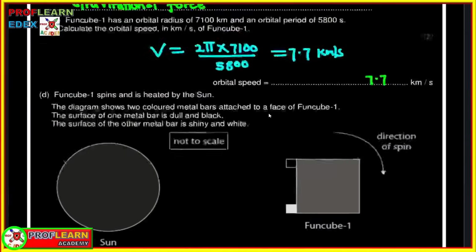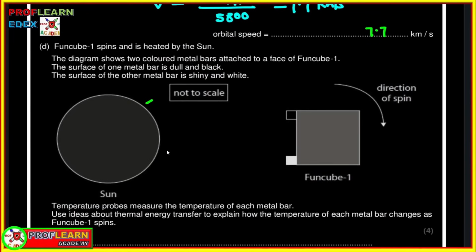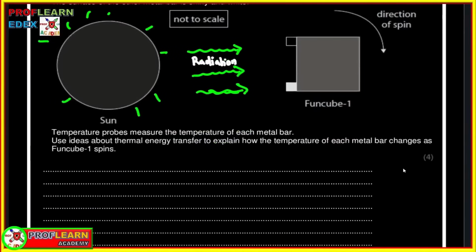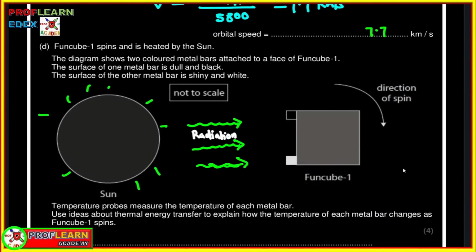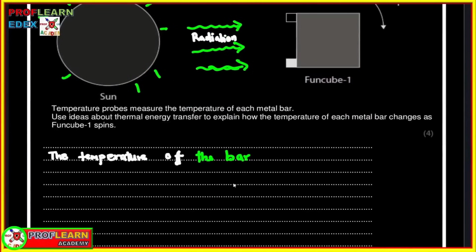So we're supposed to start by saying when the two are facing the sun, remember the sun is producing some radiation, so heat is going to be transferred through radiation to that fan cube. So meaning we're going to talk about absorption of black and shiny surfaces. We're going to say the temperature of the black is going to be higher than the temperature of the white when they are facing the sun, because black surfaces are good absorbers.